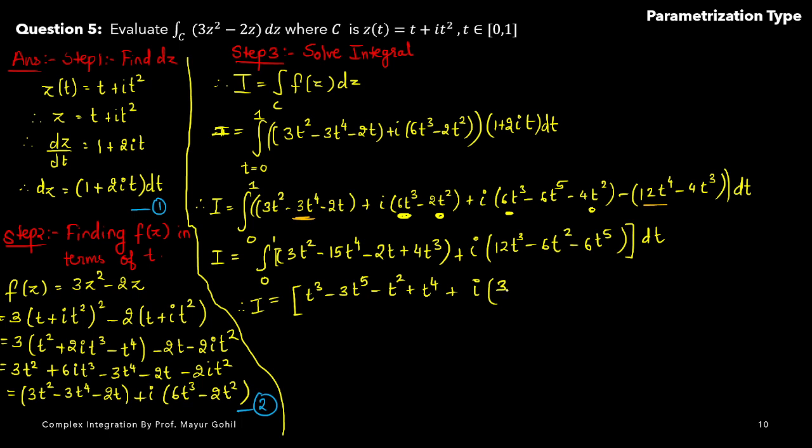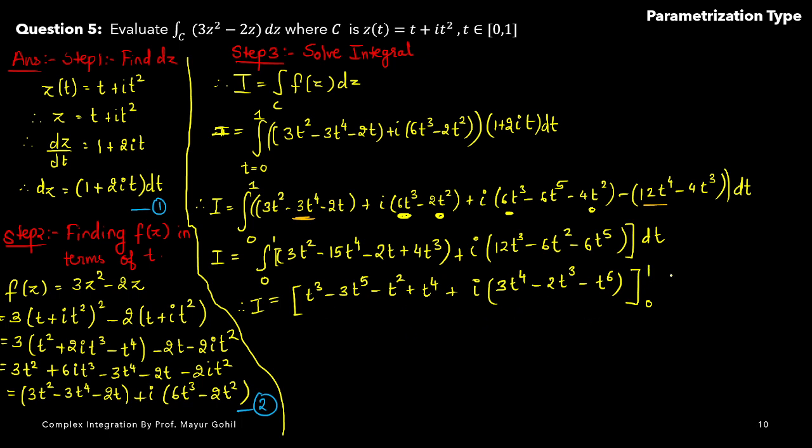Okay, so 3t raised to 4, here it will be 2t cube, and here it will be t raised to 6. Kind of a nice suitable answer generally which students are used to.